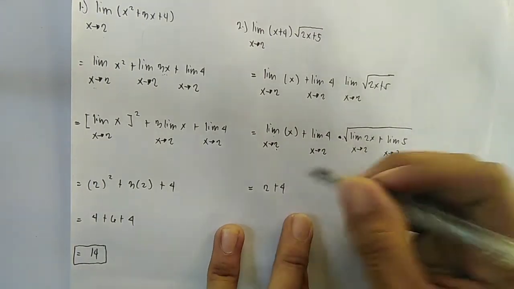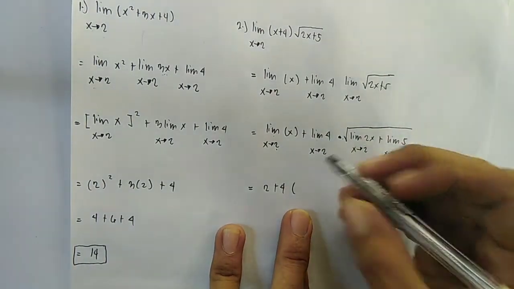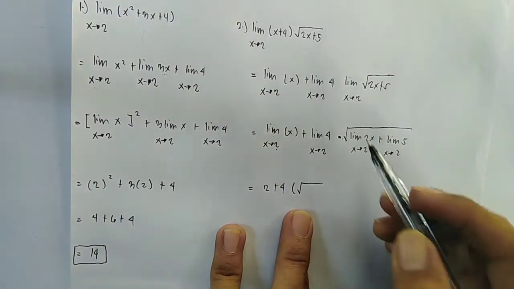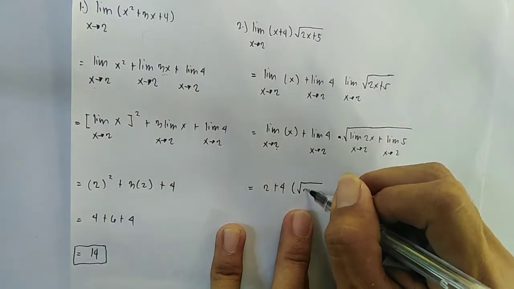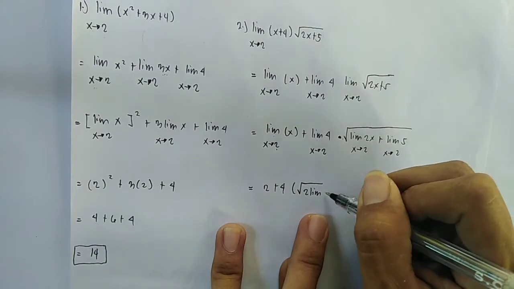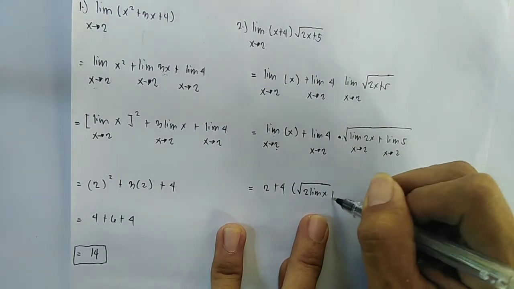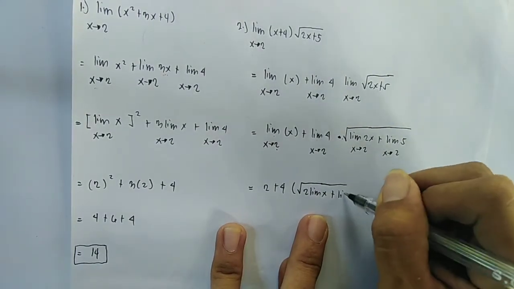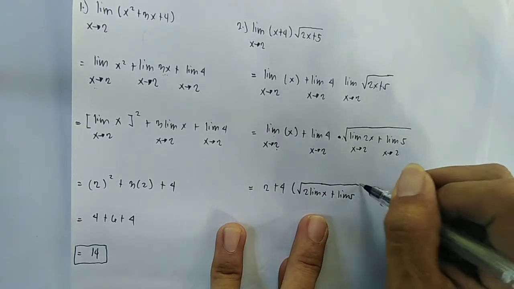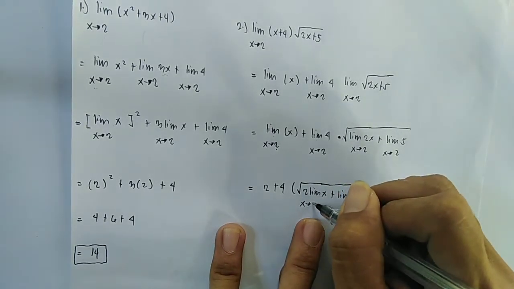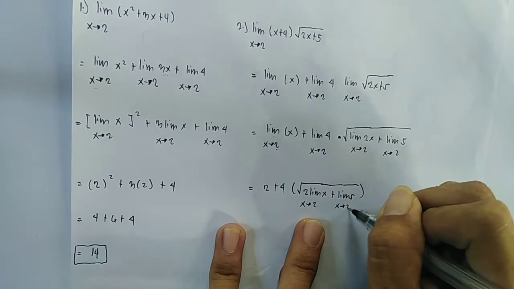So 4 times the square root of the limit of 2x, so you can rewrite that as 2 times the limit of x plus the limit of 5. Don't forget to write x approaches 2.